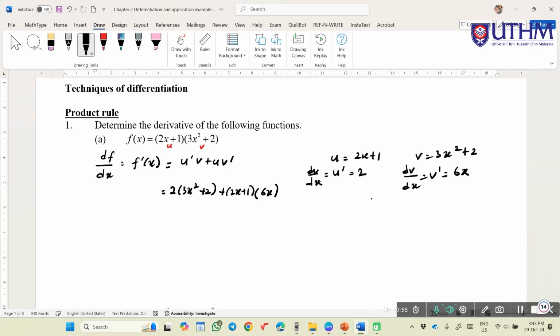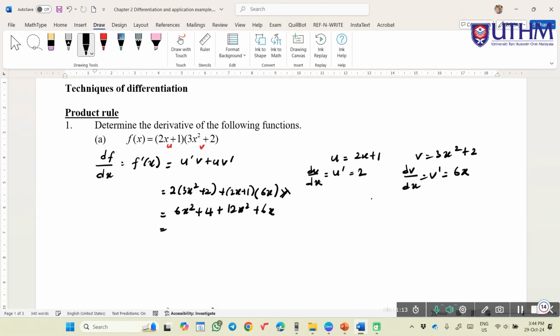You can leave it here, but because this is just a simple function, you can simplify it. So 6x squared plus 4 plus 12x squared plus 6x.